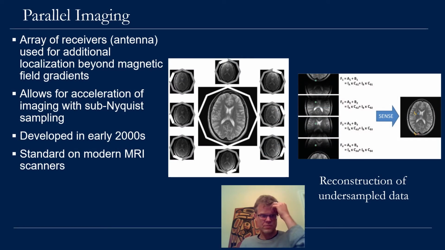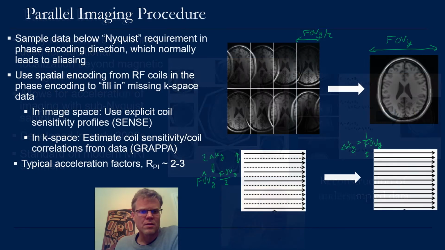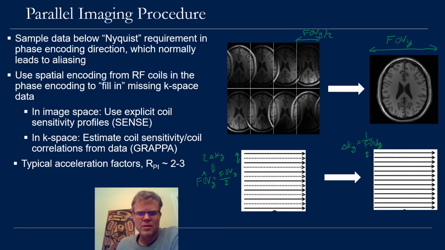Then, of course, we also have parallel imaging, where we're going to use our receive coil array to provide some additional localization beyond the magnetic field gradients. What we're going to be able to do in this is undersample our phase encoded lines, so skip phase encoding lines, which normally would yield aliased images.